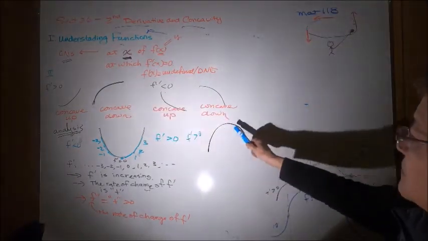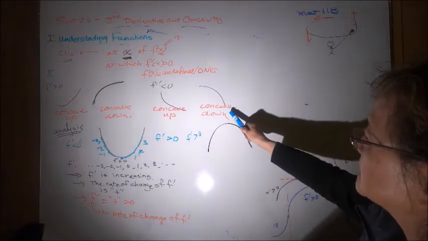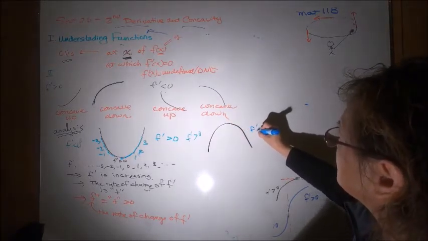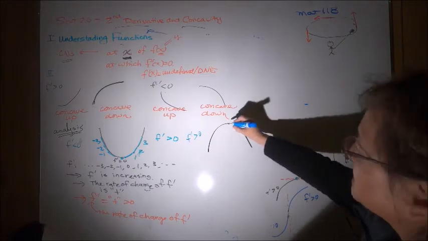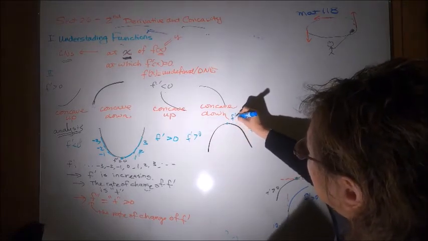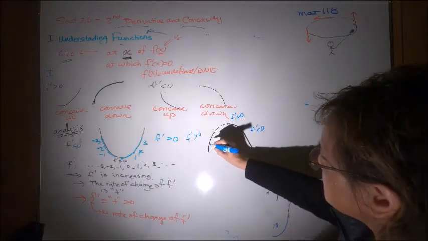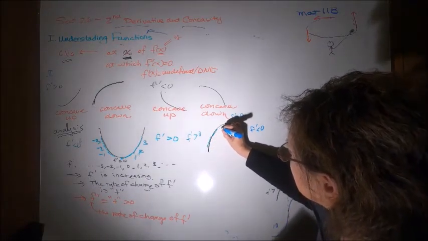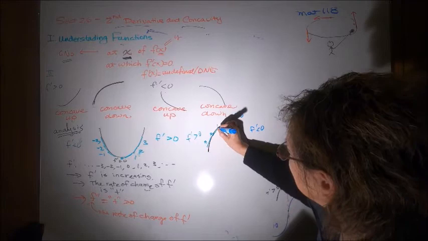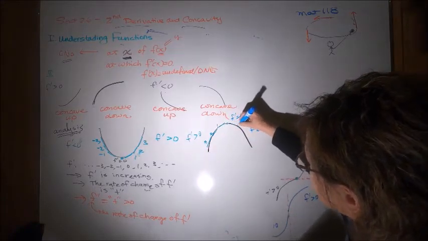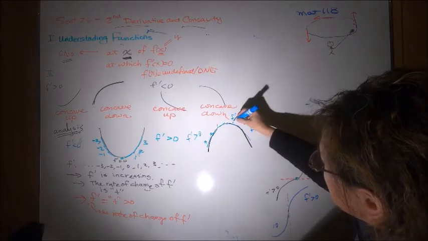Then if it goes like this, from high to low, my f prime is less than 0. In between, my f prime is 0, right? So it's like 3, 2, 1, getting to 0, then less than 0.